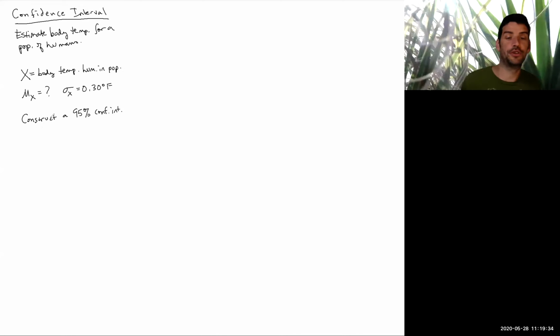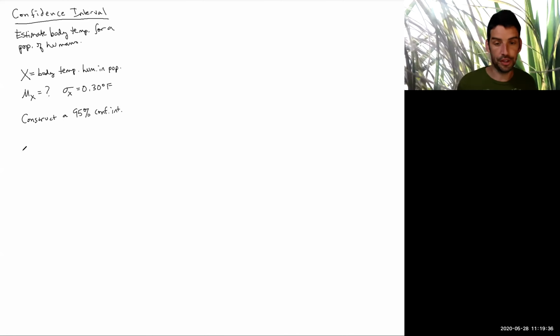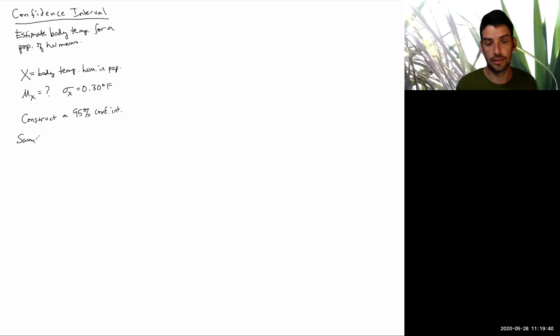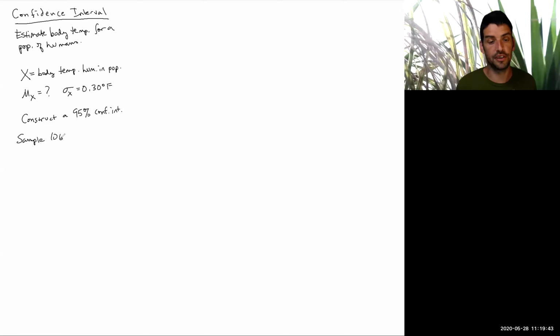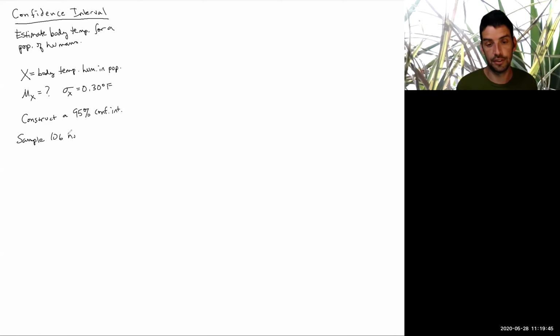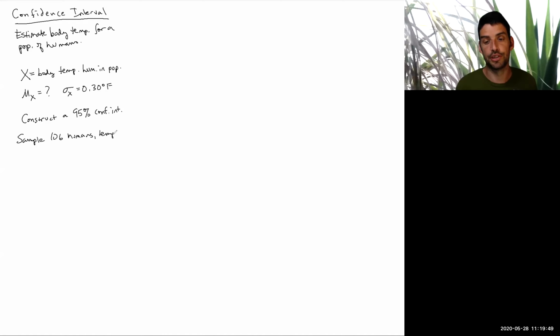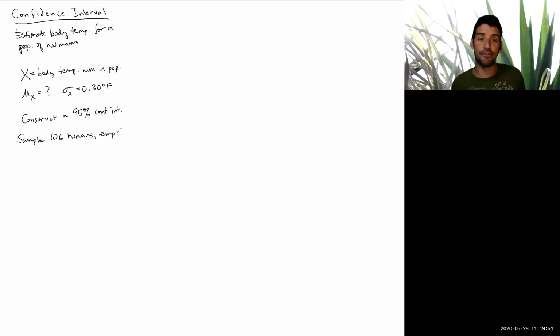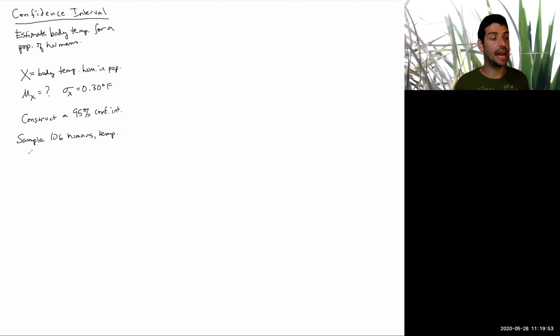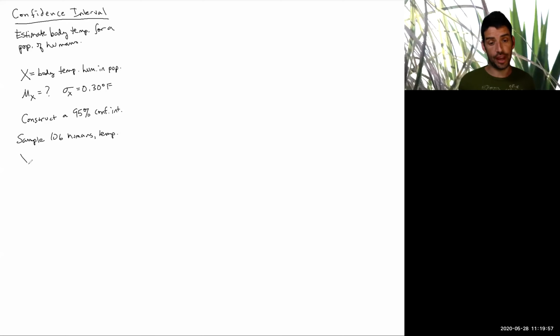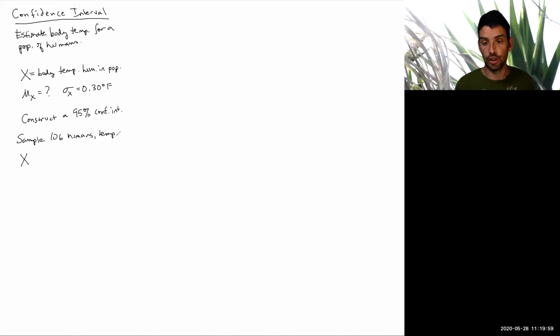So imagine you're a researcher trying to do this. One thing you might do is sample 106 humans in this population for their temperature, right? And take the average, find an average body temperature, right? Well, when we do that, let's put that up here.